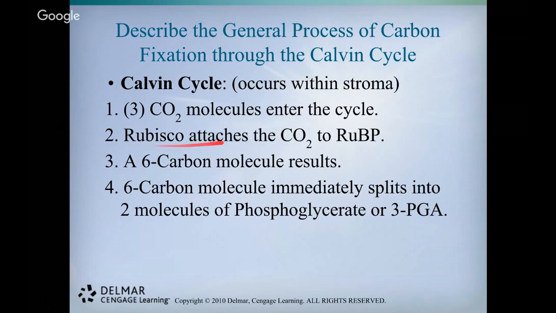Rubisco is an enzyme that attaches the CO2 to the RuBP, ribulose bisphosphate molecule. So we have the 5-carbon RuBP, and 5 plus 1 equals a 6-carbon compound. It is very unstable and immediately splits into two 3-carbon compounds, which we call phosphoglycerate or 3-PGA.